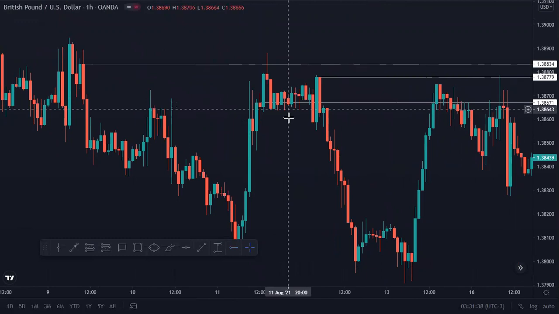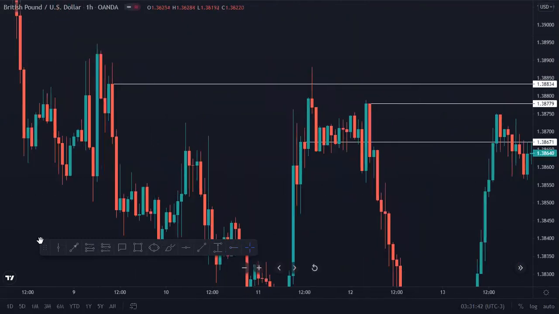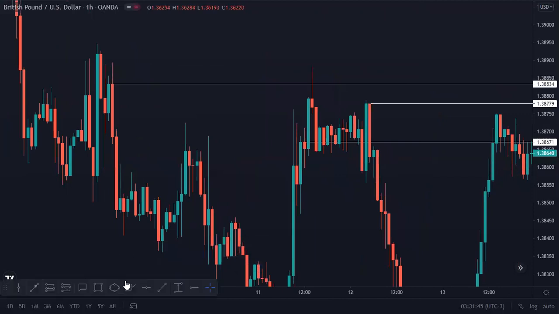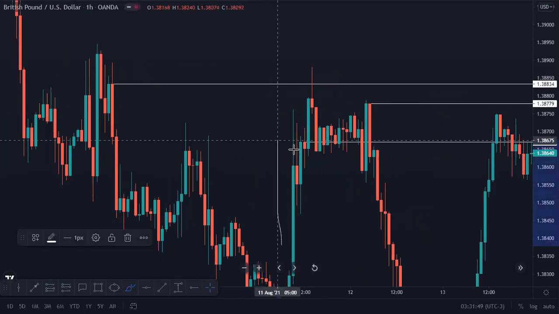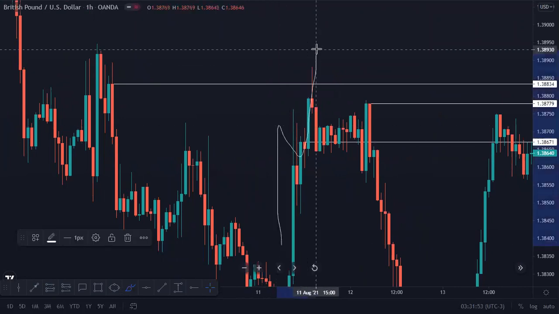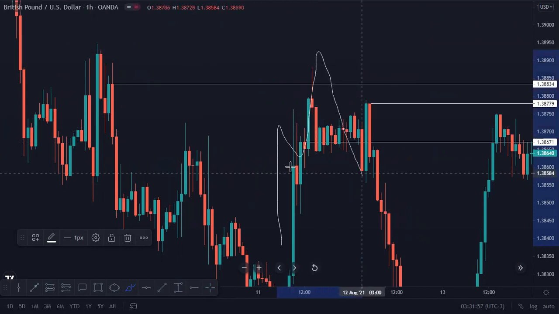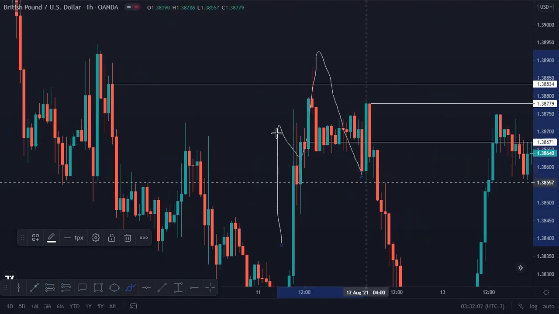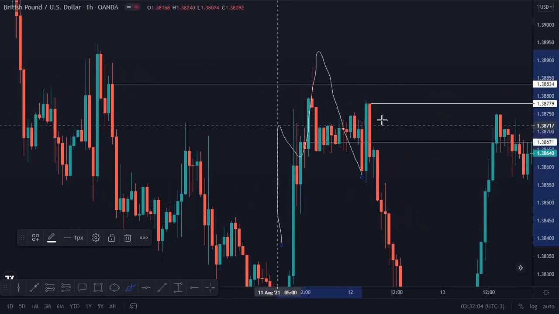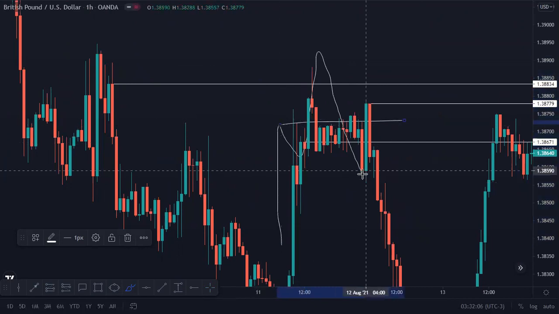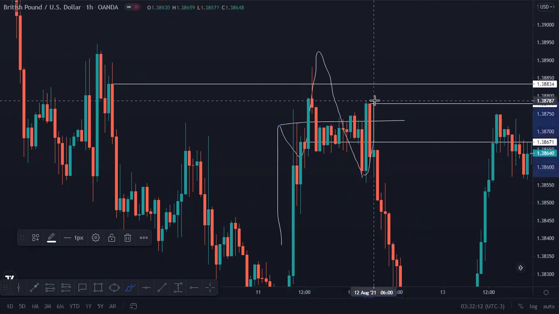Price came in. Let me try to draw. So let's say we were in an uptrend. Then in this uptrend, price broke structure, this structure right here. After price broke this structure, we are anticipating price to come and retest our invalidation point, but price didn't respect our invalidation point. Price went and broke our invalidation point.